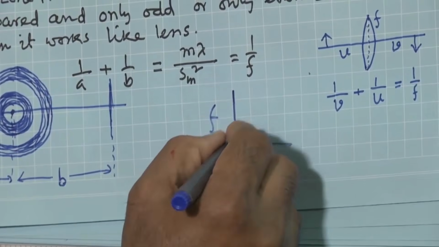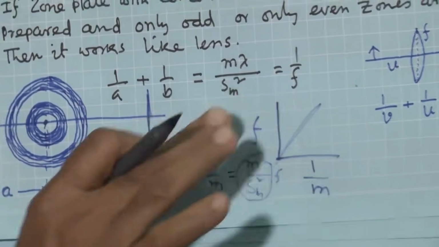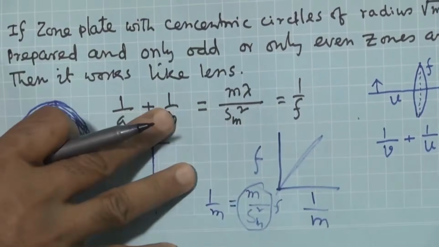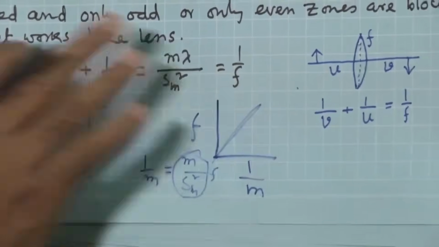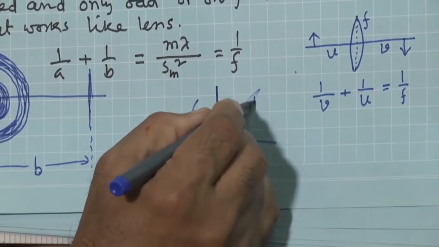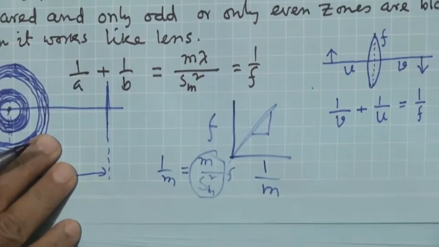Basically, we will experimentally find the data and plot this graph, and from the graph we will find the slope.